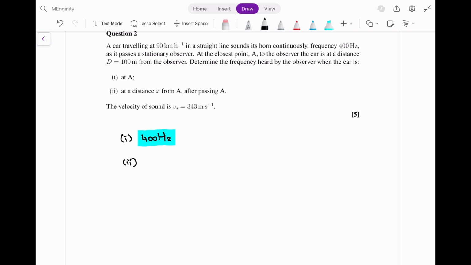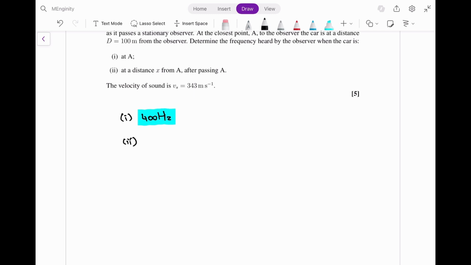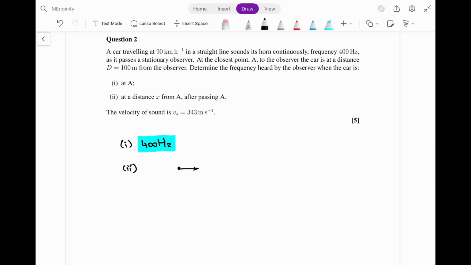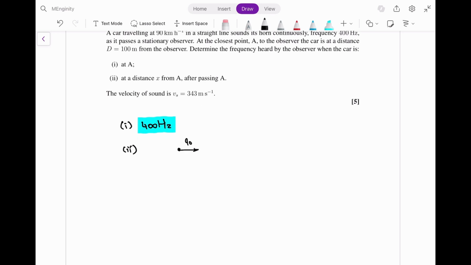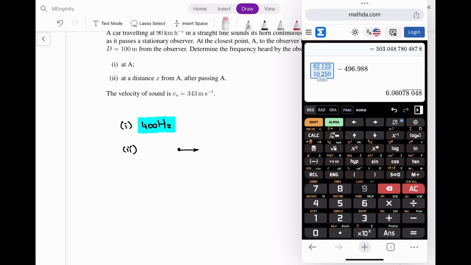Okay, so let's draw a simple diagram. Let's say the car is over here, moving at a certain speed, that is 90 kilometers per hour. I think I'm going to convert first. So 90 kilometers per hour is 90 times 1,000 over 3,600, and that is equal to 25.